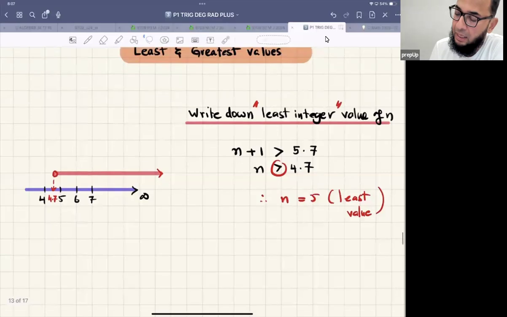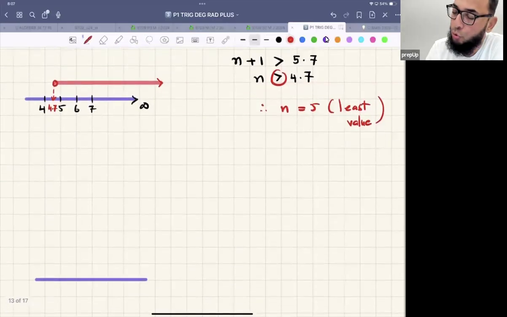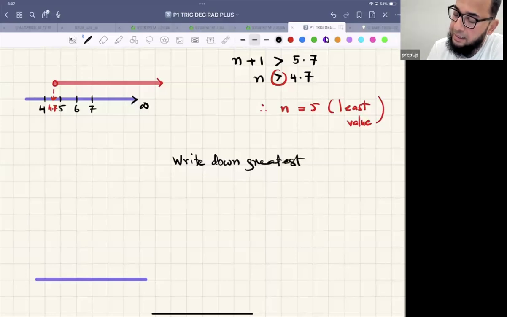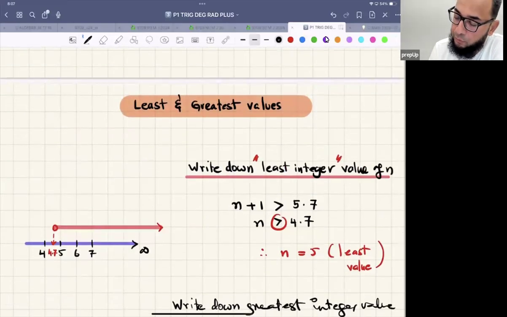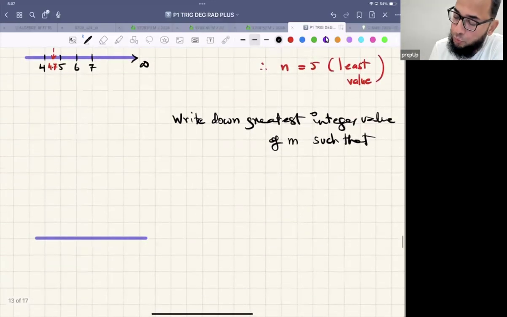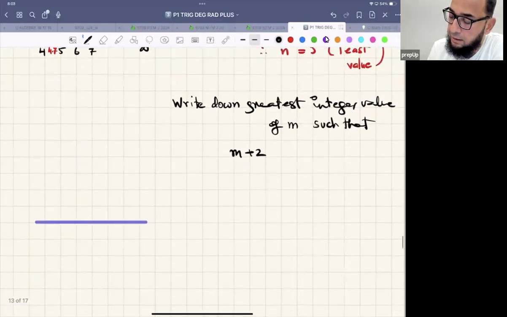On the flip side, if I write down the greatest integer value of m, such that m plus 2 is lesser than 9.7.